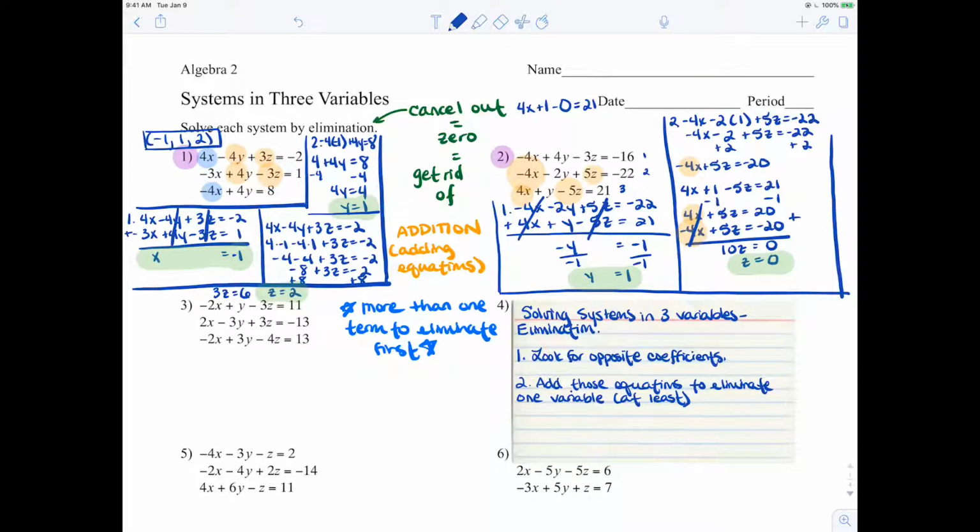So 4x plus 1 equals 21, minus 1 on both sides. 4x equals 20, so x equals 5, and our solution is 5, 1, and 0 for our triplet.